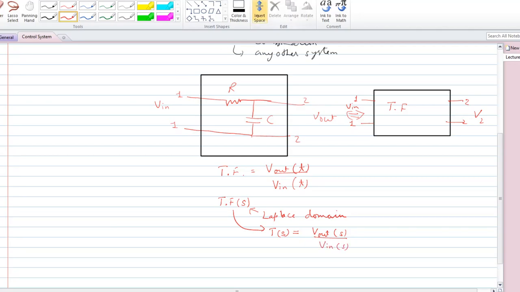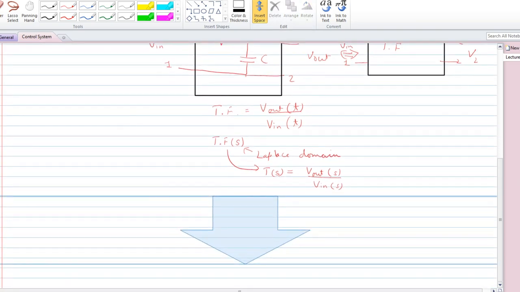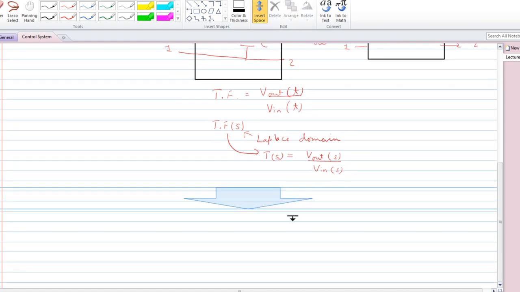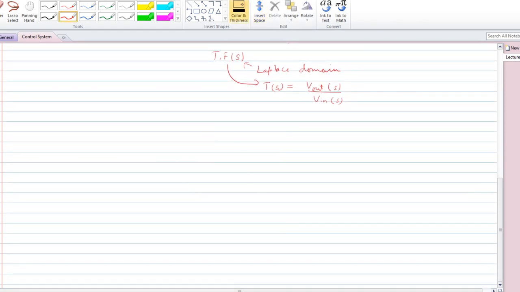Now if we convert this circuit in S domain, then we will get the following representation here, like this.